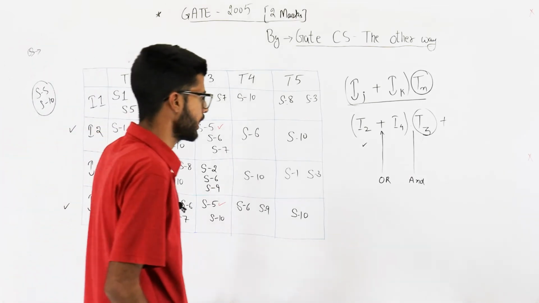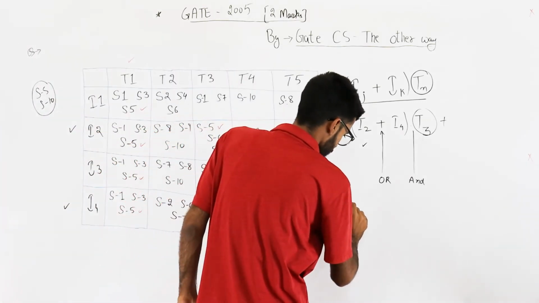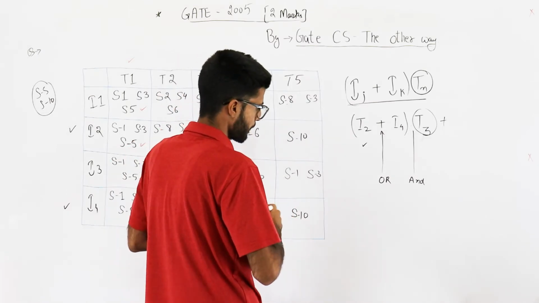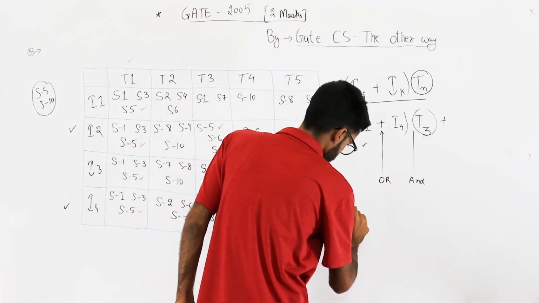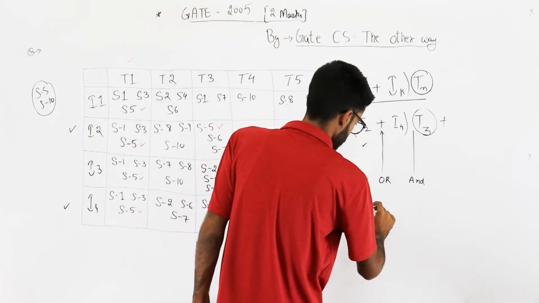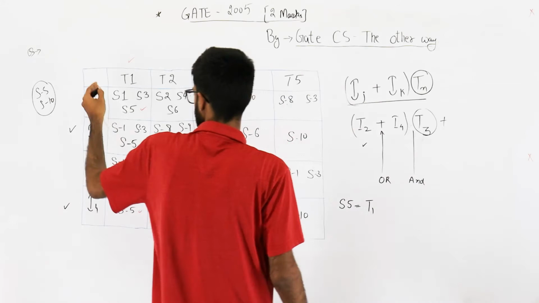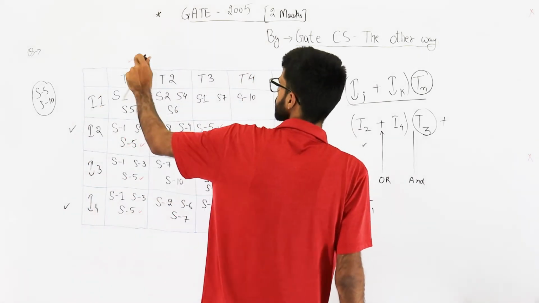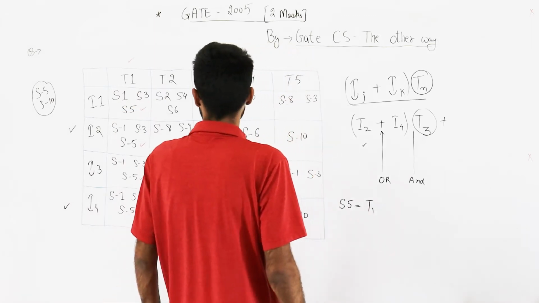So S5 can be written as T1, because for every instruction in the first clock cycle, S5 is required.